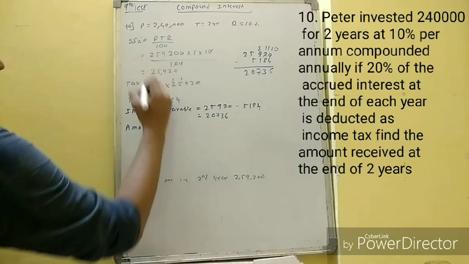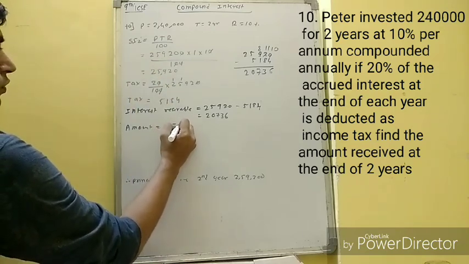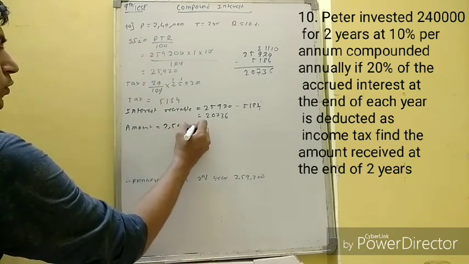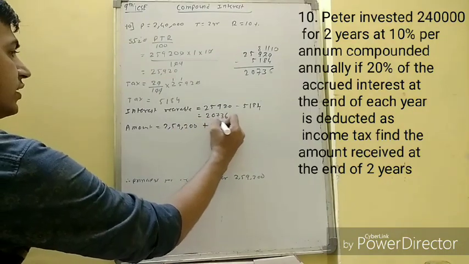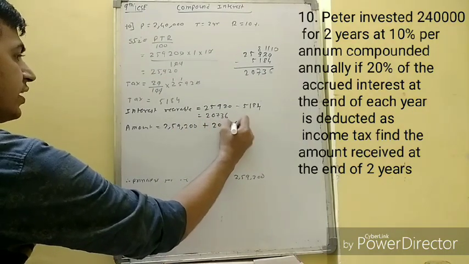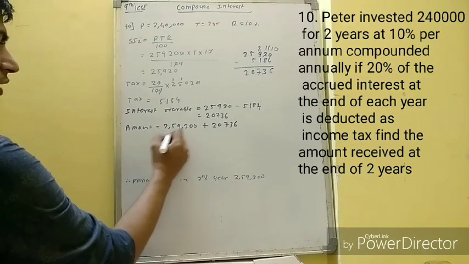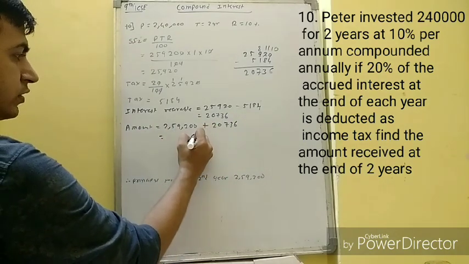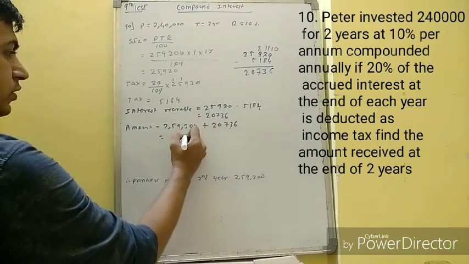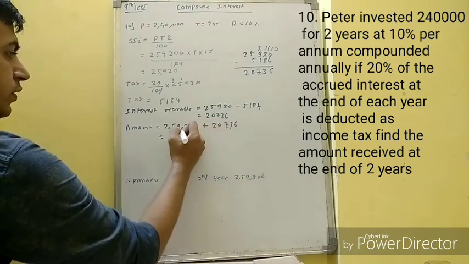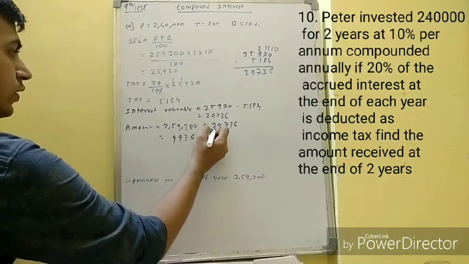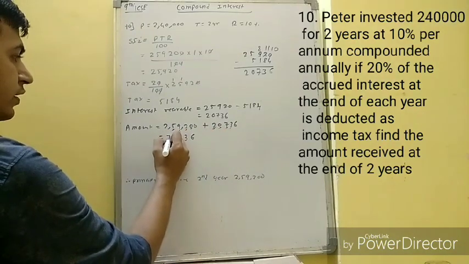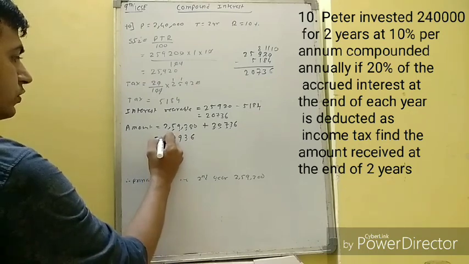Therefore, the amount will be principal plus interest. What was the principal? 2,59,200 plus the interest. What is the interest? 20,736. When we add it, we have 0 plus 6, 6, 3 plus 0, 3, 7 plus 2, 9, 0 plus 9, 9, 2 plus 5, 7, and this 2 as it is.